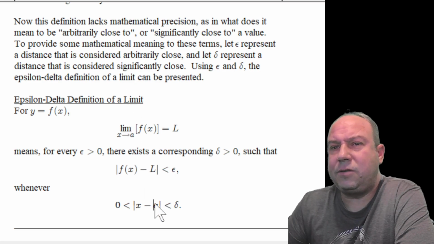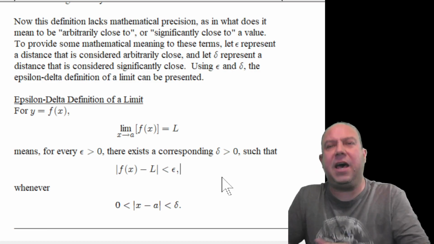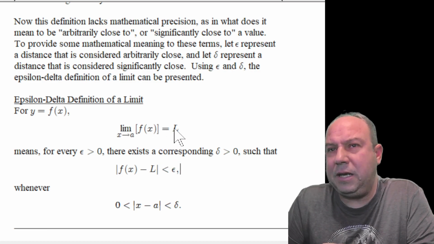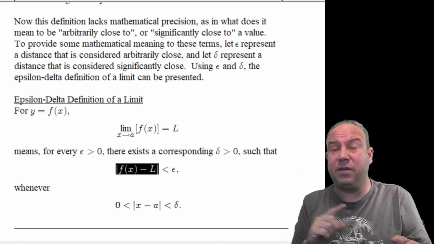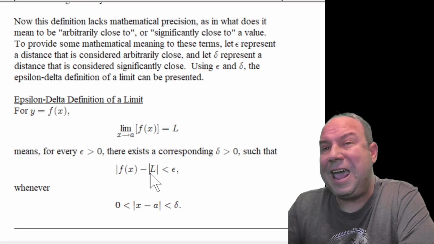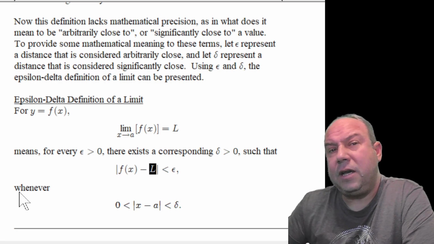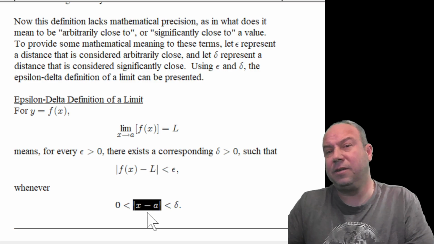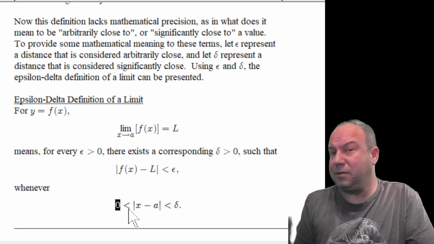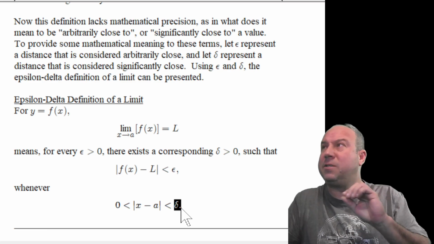If we're significantly close to a, we are within that boundary. And what this definition says is that to be arbitrarily close to L is to be within this boundary, or to have an absolute difference between the output of the function f and L smaller than that boundary size, whenever the absolute difference between our independent value x and a does exist, it's greater than 0, but smaller than a boundary that corresponds to epsilon.